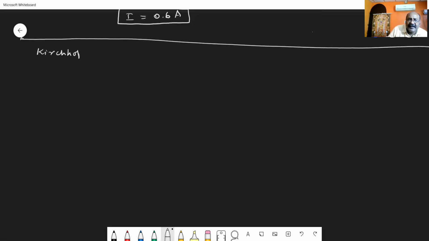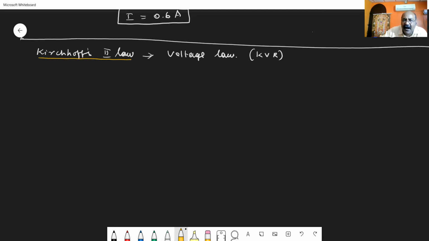Kirchhoff's second law. This Kirchhoff's second law is otherwise called Kirchhoff's voltage law or voltage rule, KVR, Kirchhoff's voltage rule. When you are considering the Kirchhoff's second law or the voltage law, this law is based on law of conservation of energy.